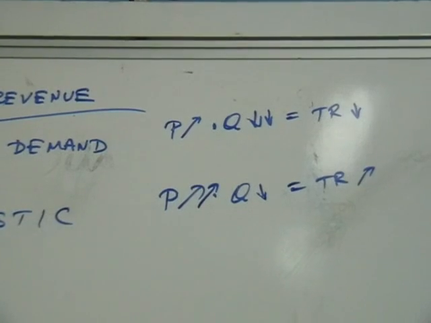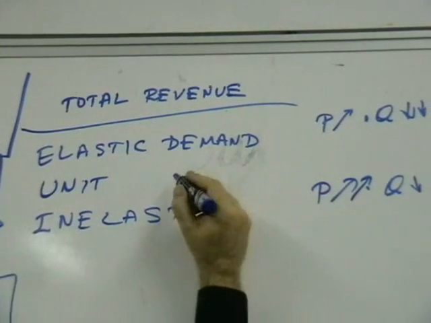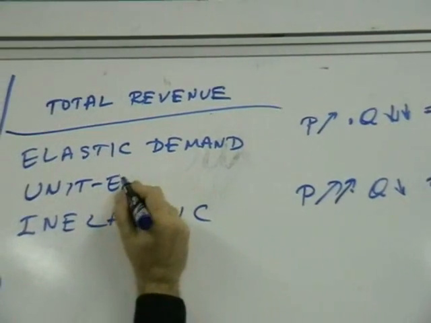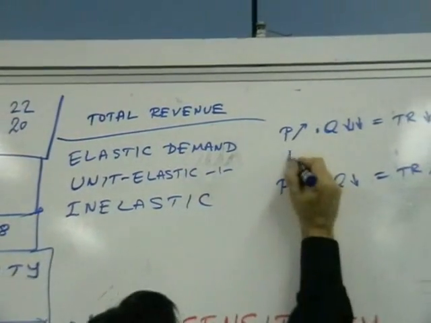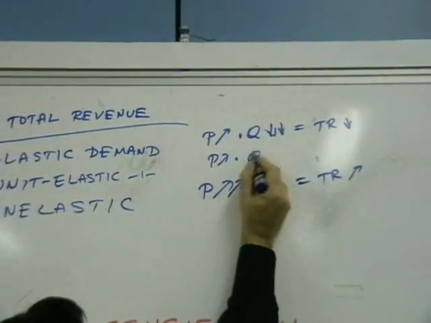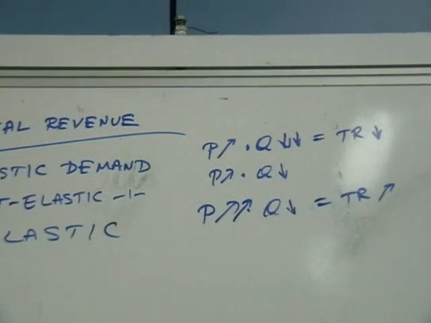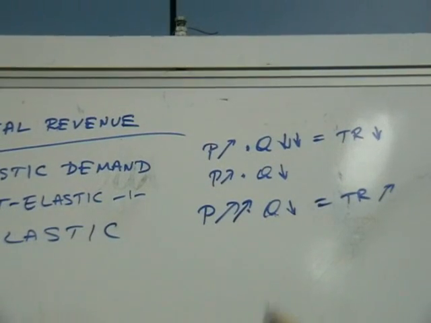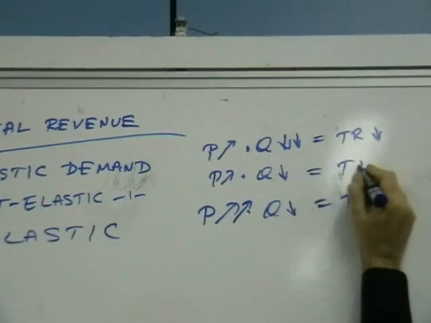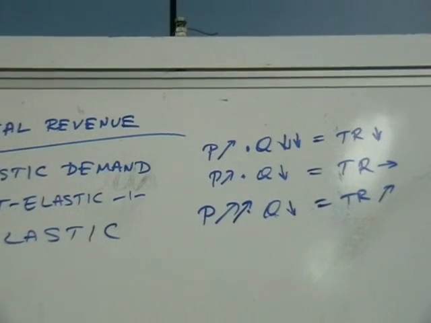And for unit elastic demand, price goes up, let's say 1%, quantity falls by, by definition of unit elastic, exactly 1%, and the 1% increase in the one is completely offset by 1% in the other, and total revenue remains flat, unchanged, or constant.